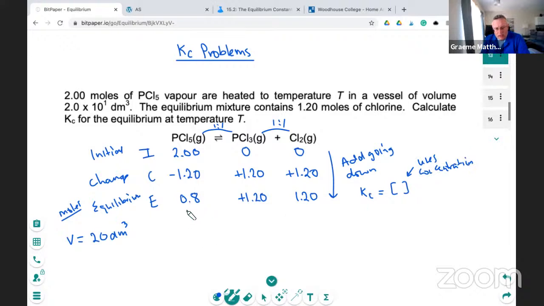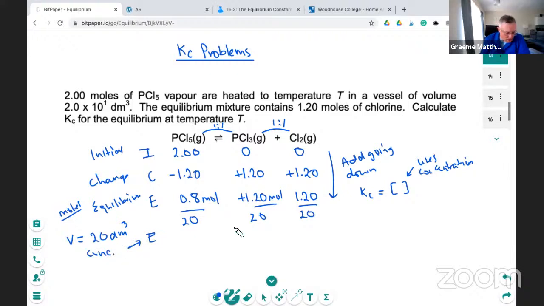So I'll just give them blue. I'm going to divide this by the volume, which is 20, going across. And then I'm going to get my equilibrium in my concentration, which is a bit more helpful.